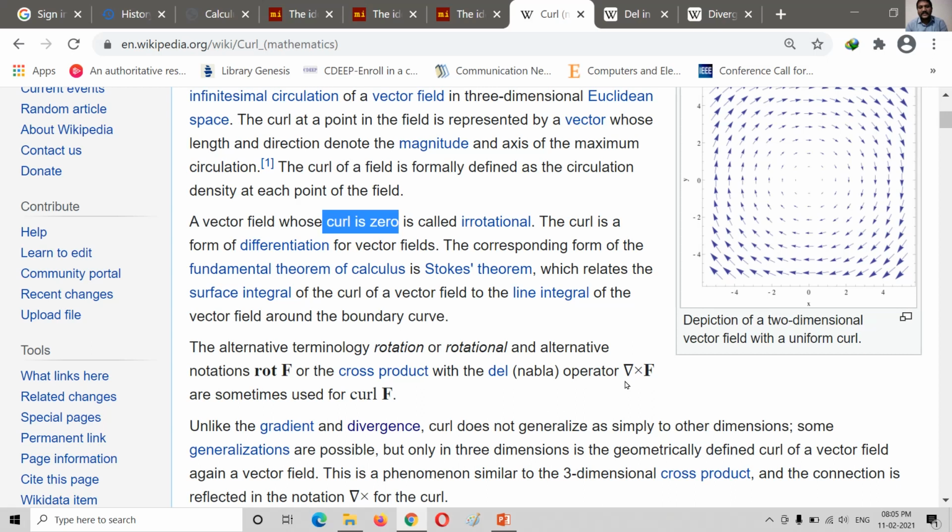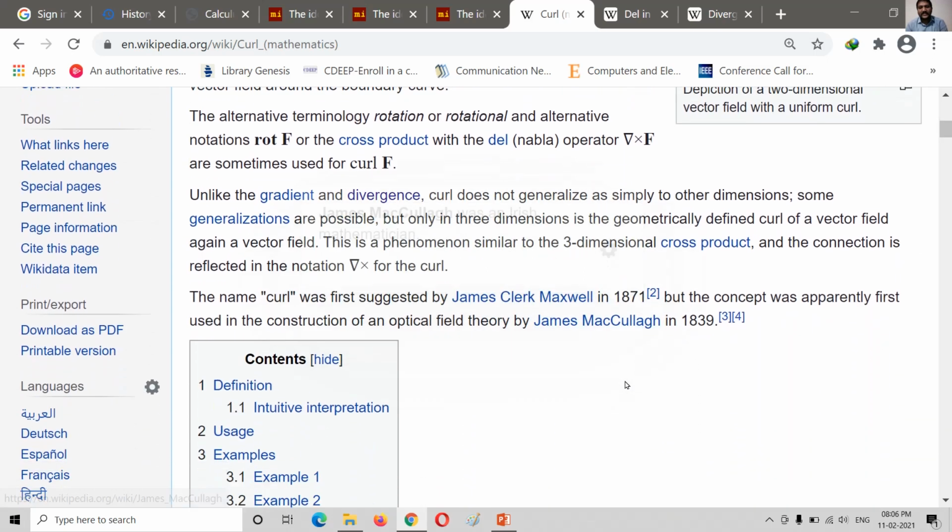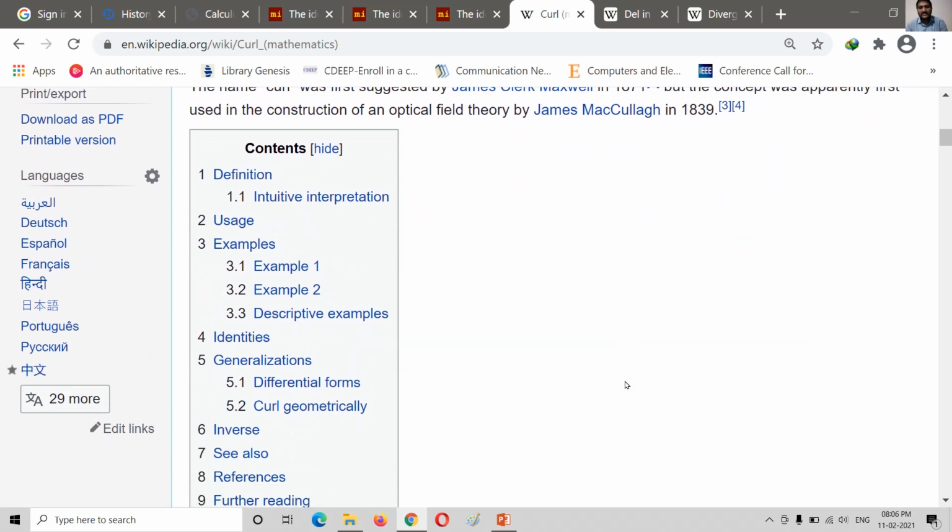Okay, generally we have the examples of the same one.